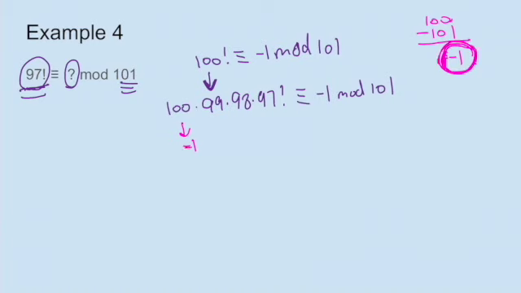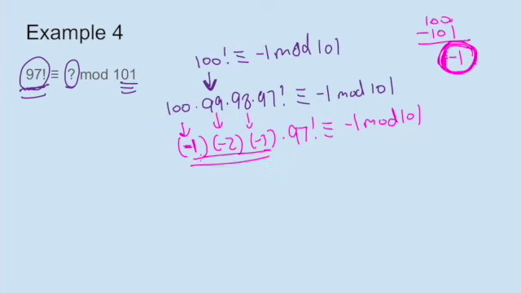So this is -1, this is -2, -3 times 97 factorial is congruent to -1 mod 101. And now if we multiply these three terms together, we have -6 times 97 factorial and then -1 mod 101.